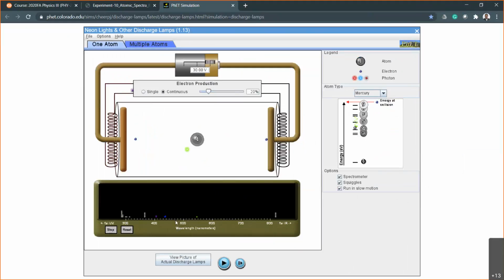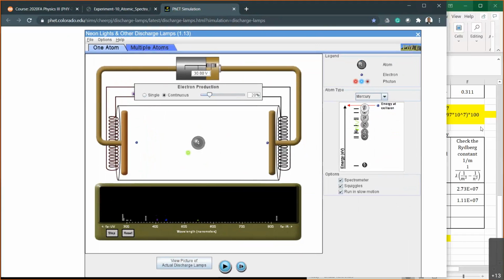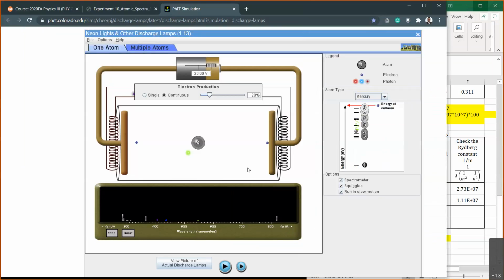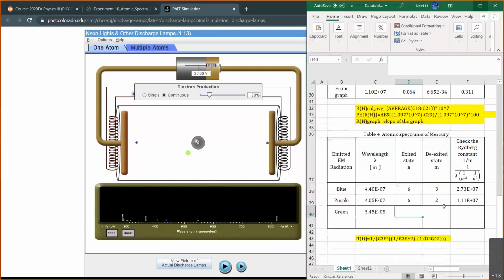And the wavelength is about 545, 545 e to the minus 7. It's light green, but that's okay. It goes from 6 to 4. Take out this number. Oh, too bad.